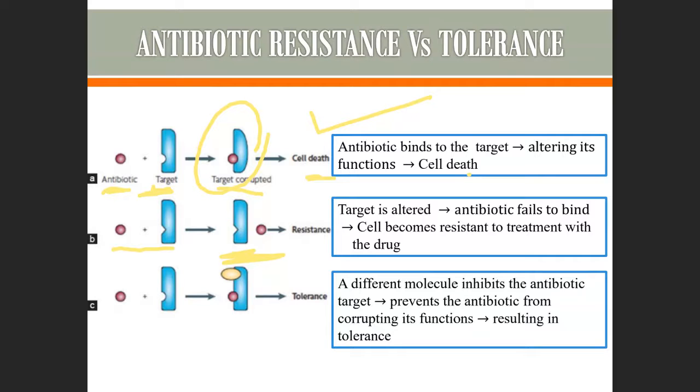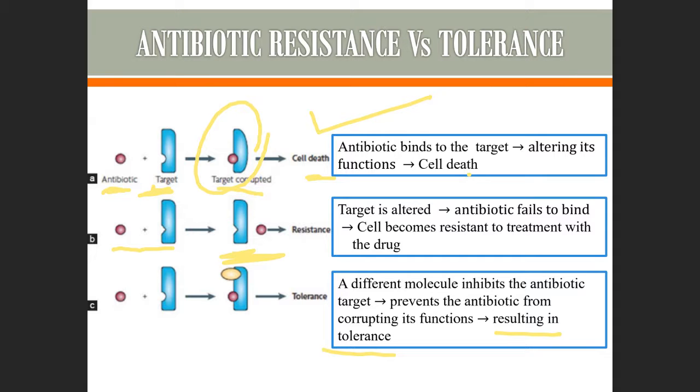But in case C, the antibiotic comes and binds to the receptor on the bacterial cell, and even then the antibiotic target is inhibited, which prevents the antibiotic from corrupting the function, resulting in tolerance.